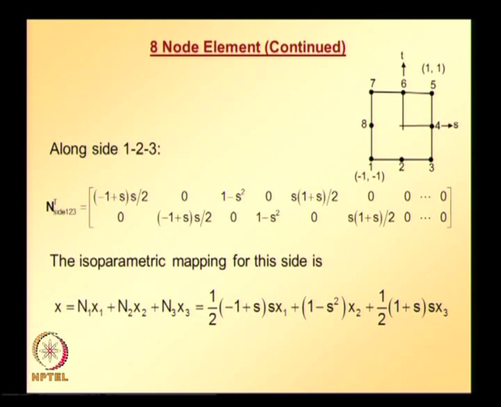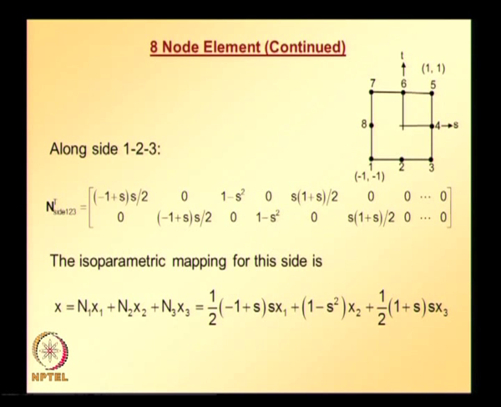That is given by the shape functions which are non-zero along side 1, 2, 3. Since the shape functions of other nodes along side 1, 2, 3, except nodes 1, 2, 3, are 0, we can easily obtain the shape functions of nodes 1, 2, 3 along side 1, 2, 3 using the Lagrange interpolation formula.